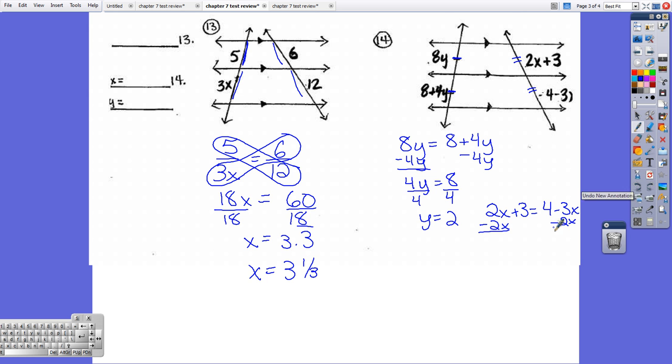So I have 3 equals 4 minus 5x. I'm going to subtract my 4. I get a negative 1 equals negative 5x. Divide by negative 5. Divide by negative 5. 1/5 equals x. And that is the end of that test review part.